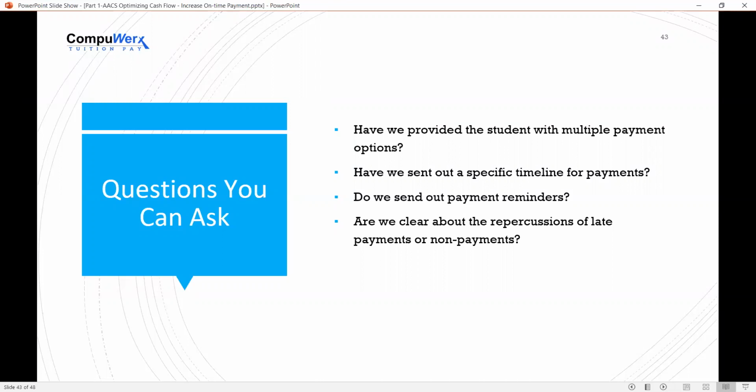So you want to make very sure that the policies and student responsibilities are very clear. Post it on your website and your social media site, so your students understand from day one what the repercussions are for any type of late payments or non-payments.